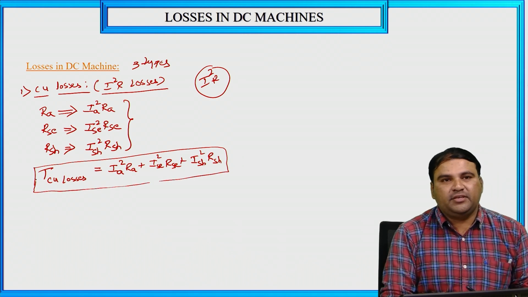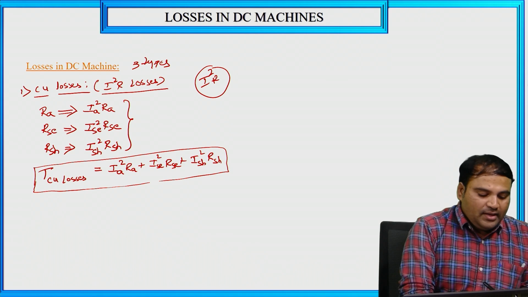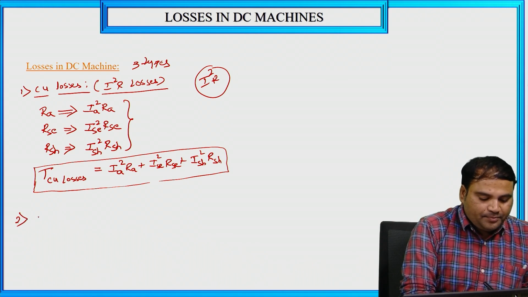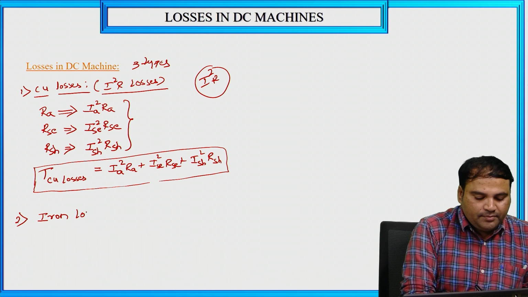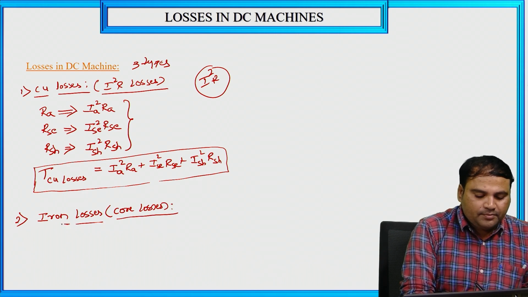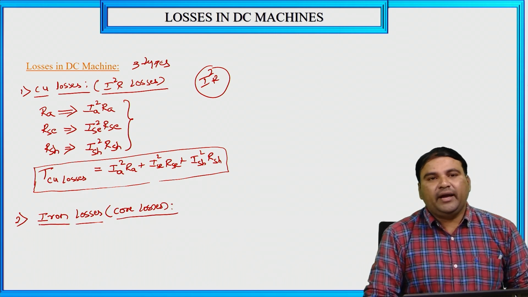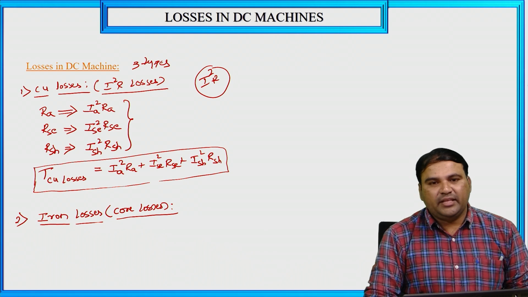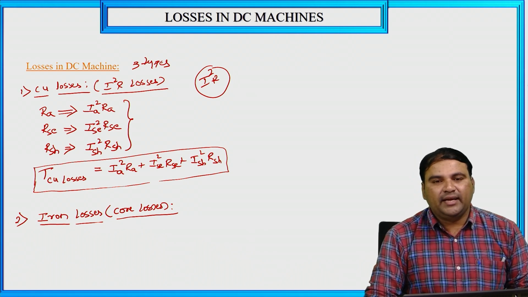The first type is copper losses, and the second type is iron losses. Iron losses we can also call core losses. What is meant by iron losses? Iron losses are nothing but the losses which occur at the core of the DC machine.